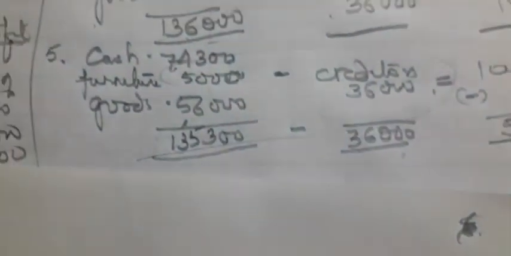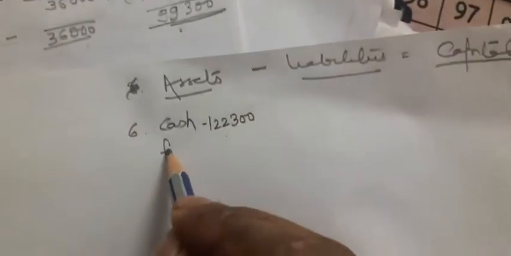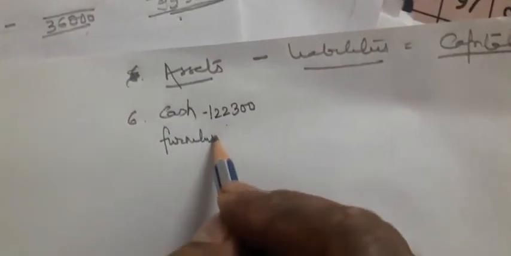In the fifth transaction, we had a furniture of 5,000. In this transaction, there is no role of furniture. The furniture will remain as it is, 5,000.